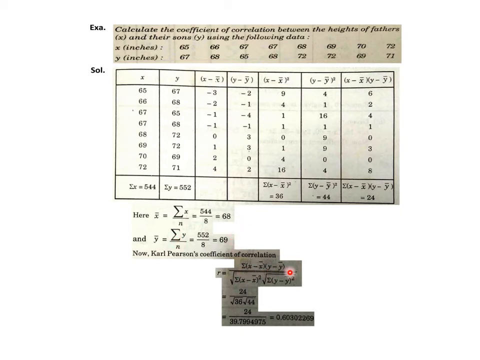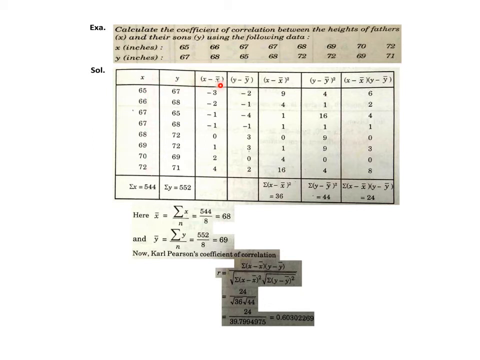Then what do we need? We need sigma (x minus x bar) into (y minus y bar), sigma (x minus x bar) whole square, and sigma (y minus y bar) whole square. For finding those, we extend this table with these columns. For x minus x bar, x bar is 68 and the x values are 65, 66 up to 72.